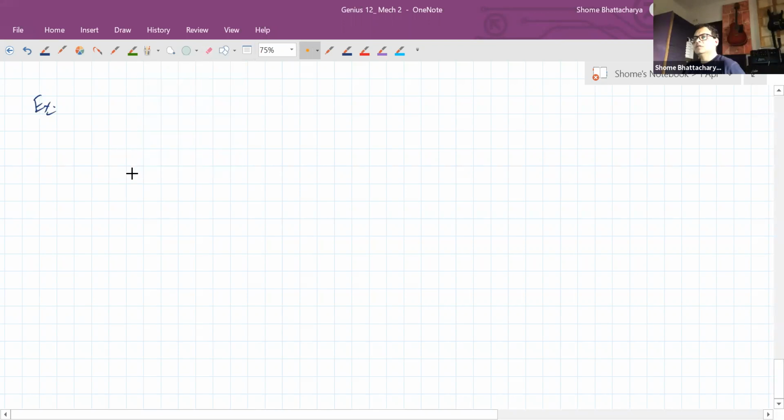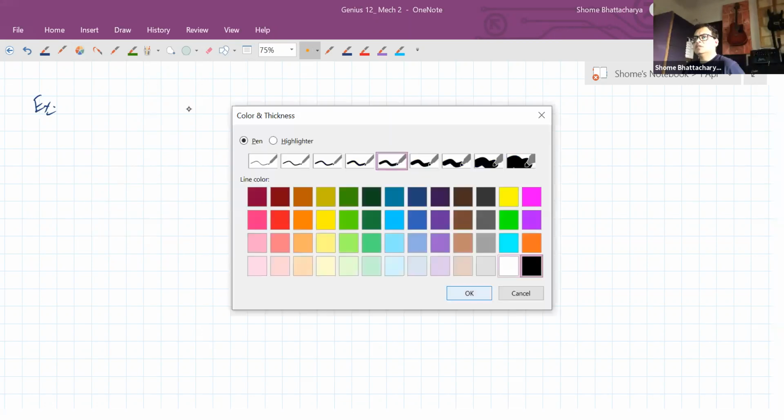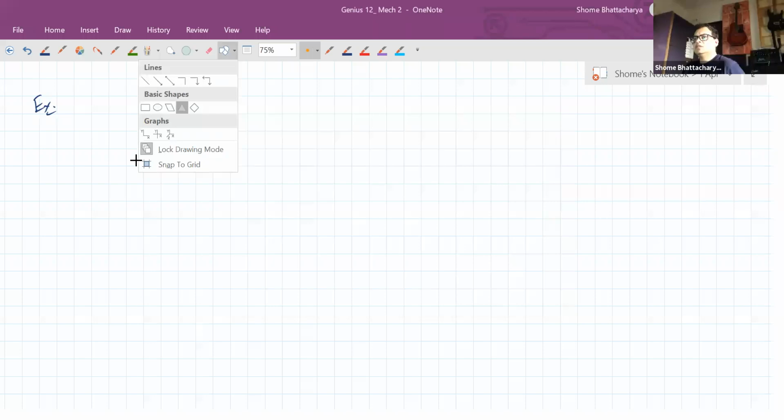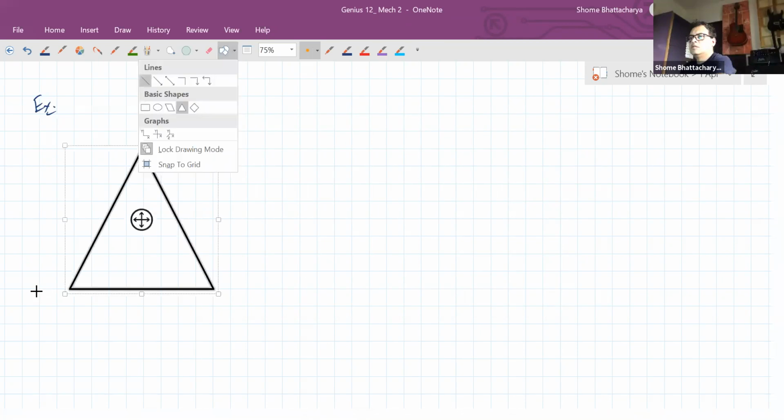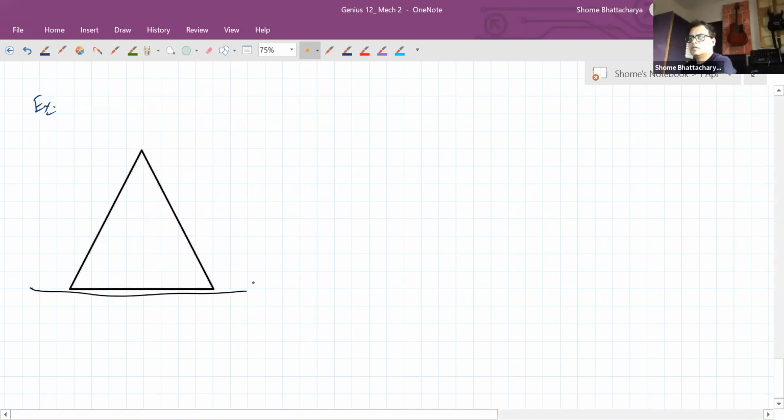So for the next example, we have this situation: say a triangular wedge like this, kept on a smooth horizontal surface.